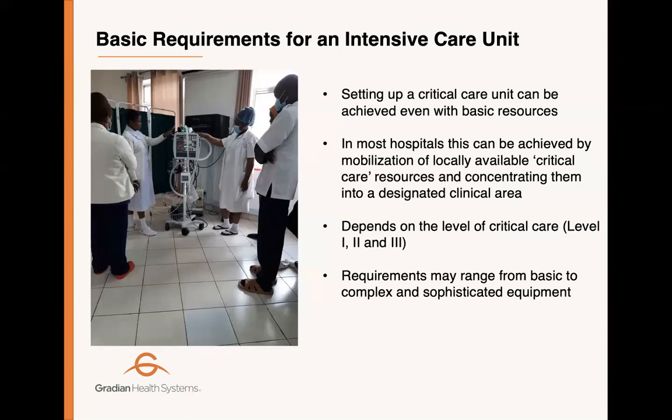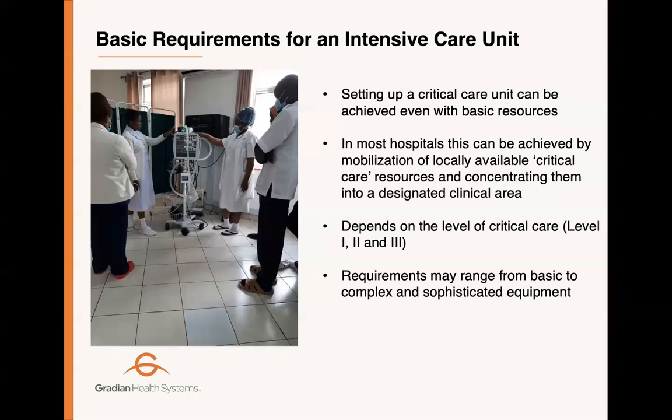So in most hospitals, this can be achieved by going around. In some institutions, you have equipment that has been dispersed all around the hospital. You can go around, pick left, right, and then you set up. Let it be a 1 bed, 2 bed, but as long as you have an area where you are able to take prolonged management of critically ill patients, that is already good enough.